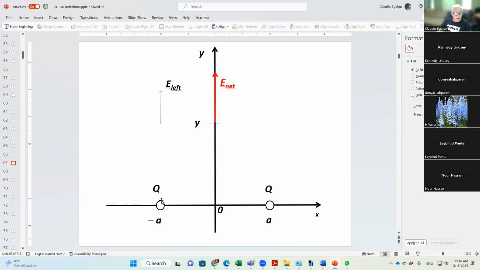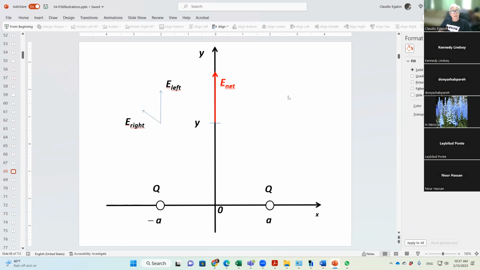Because this distance here is less than the distance of this charge here, okay? So when we perform our qualitative analysis of what the electric field is going to be, remember those two charges have the same magnitude, Q, right? But because the distance of this charge is longer, it means that it's going to have an electric field that's weaker than this one, right?